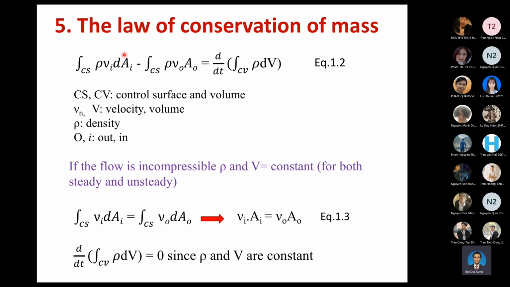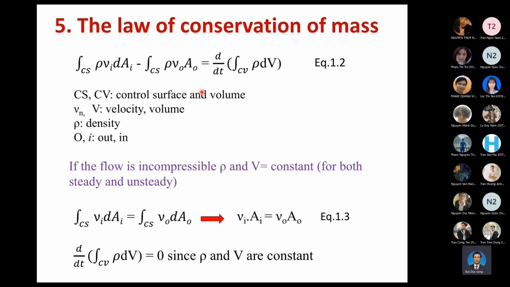So you know this equation. CS is the control surface, and CV is the control volume. Lowercase v here is velocity, and the capital V here is volume. Rho is density.